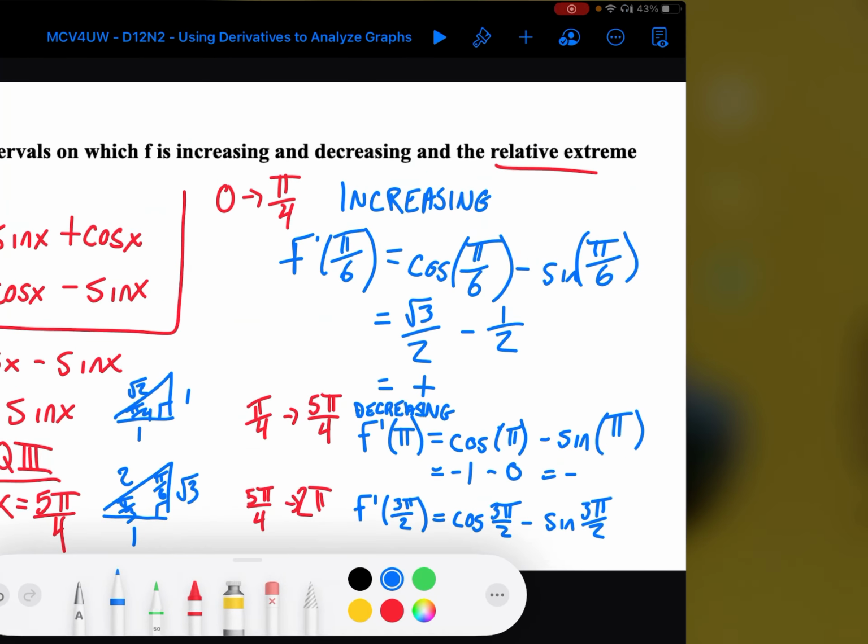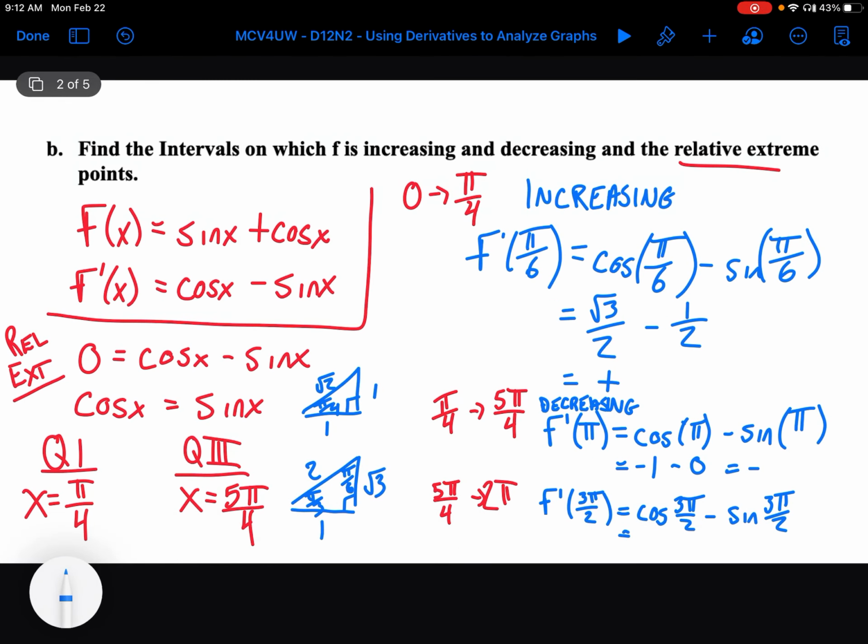We get 0 minus -1. That's 1, which is positive. So this is increasing.